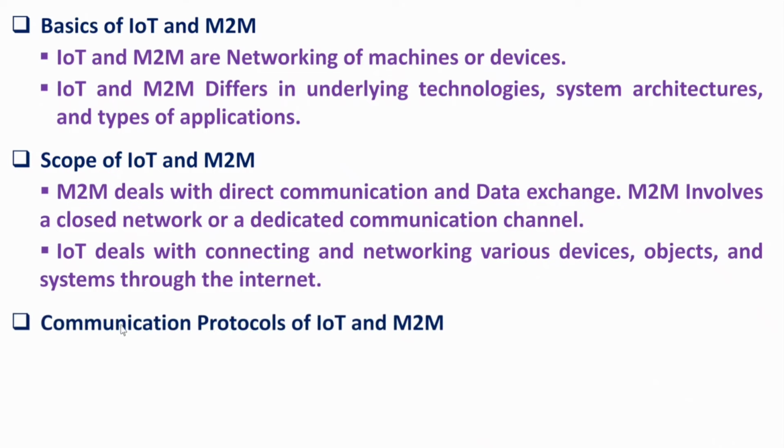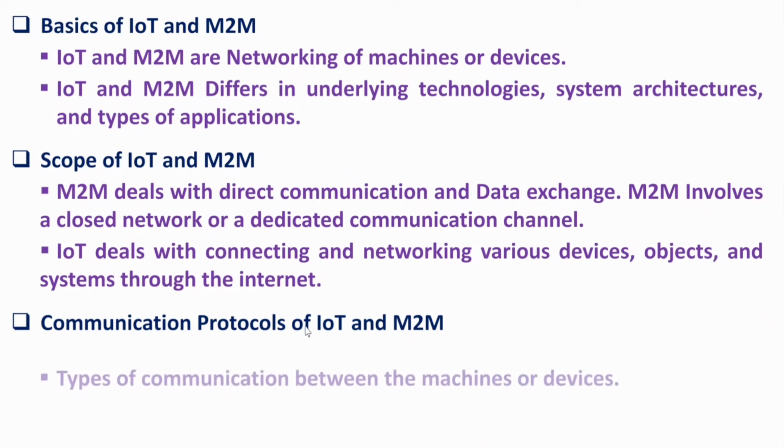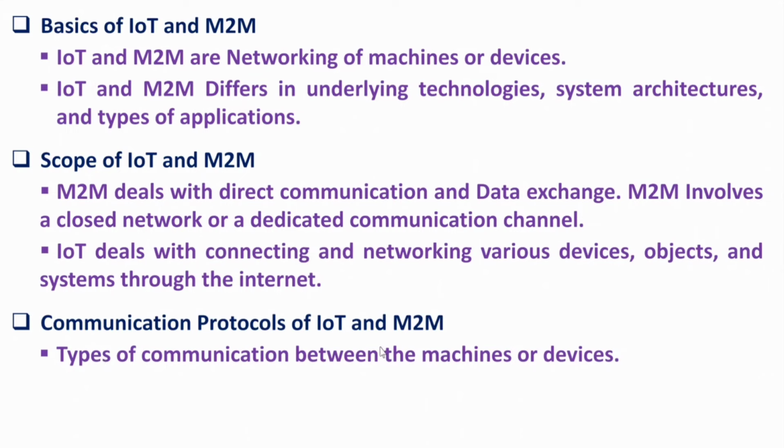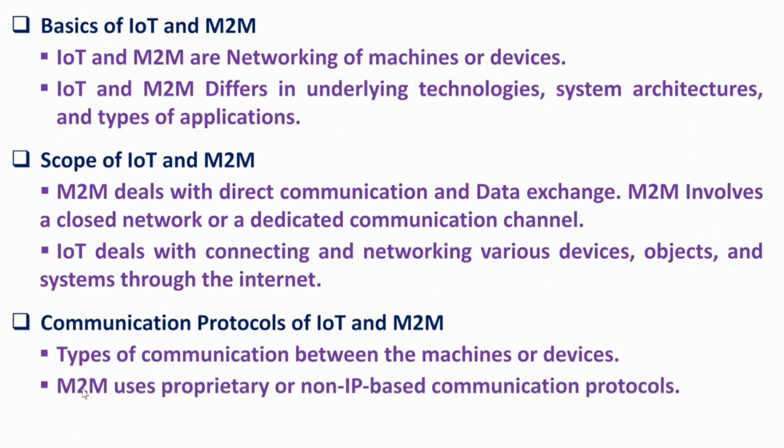When it comes to communication protocols of IoT and M2M, that depends on the types of communication. M2M uses proprietary or non-IP based communication protocols. In proprietary networks, for limited space, we can have this M2M network, and here we have non-IP based communication protocols in the majority of cases.